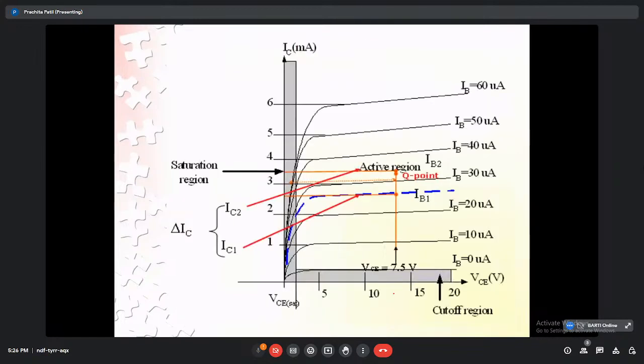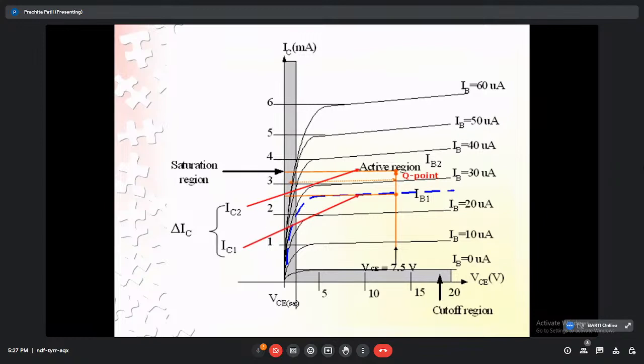Now here we just need to understand from this particular graph of the output characteristics. As we know, we have drawn two lines: the DC load line and the AC load line.